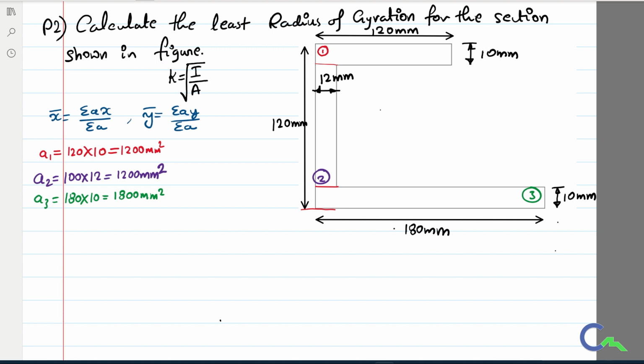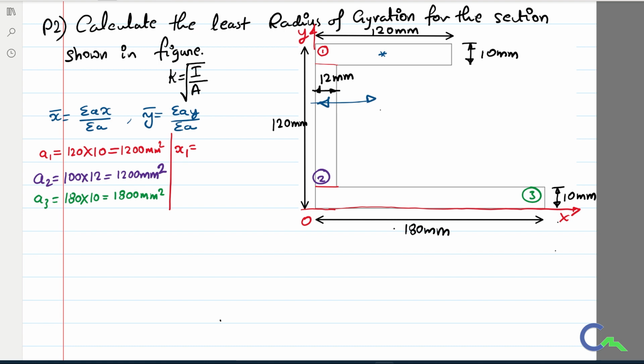At the bottom, I will take this as the OX reference axis, and vertically I'm going to take the OY reference axis. Therefore, the x1 distance or y1 distance I have to calculate. So let us see what is the x1 distance. The x1 distance is the distance from the OY reference axis to the centroid of the first figure.